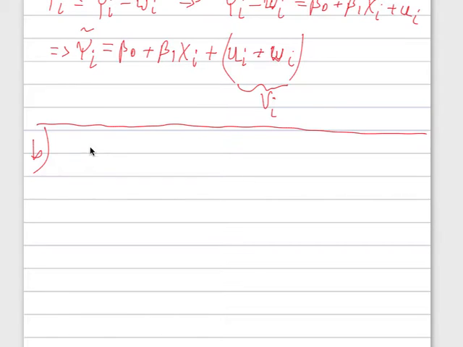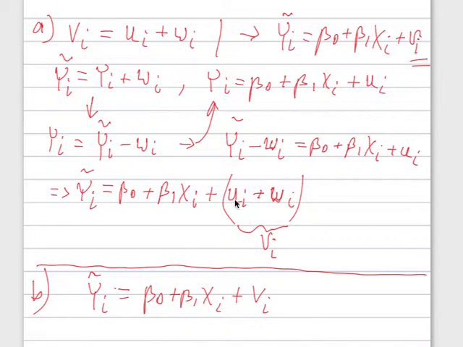Now we know that vi is a composite error, an error term for this model. Also, we know that the original model here satisfies three assumptions according to the question.